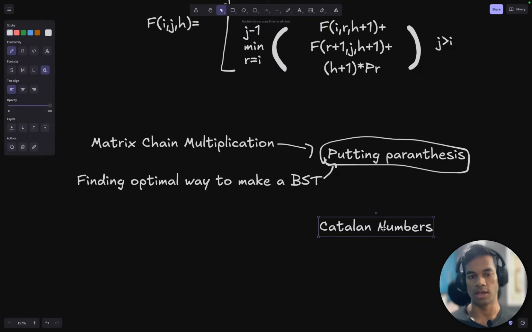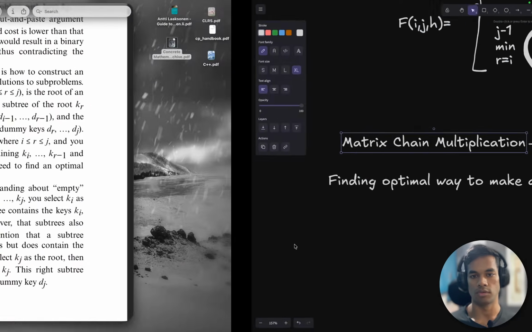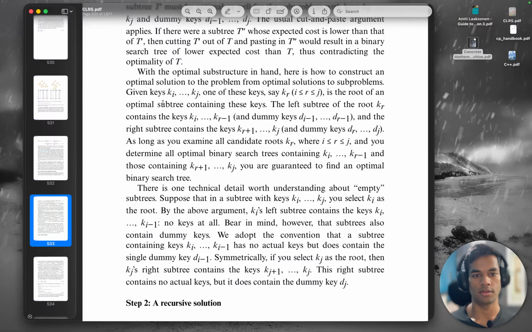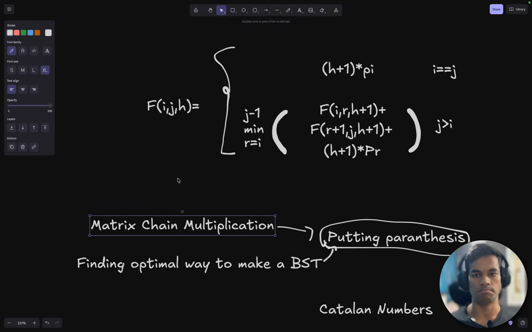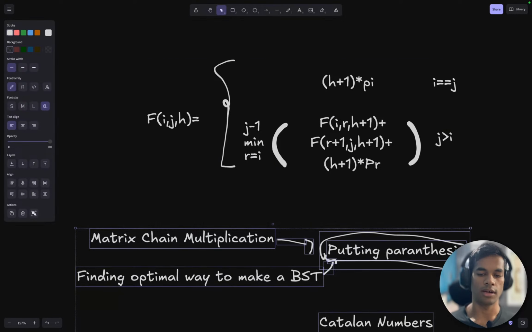So yeah, these two things are isomorphic. That is a cool, nice side fact. And moving forward, this is the recursive function that we have created, and these two things are isomorphic. That is pretty cool.